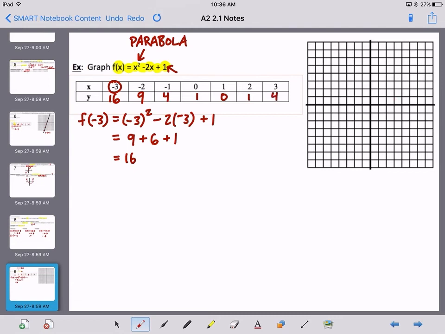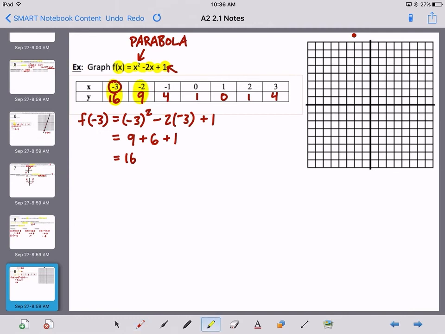Now let's graph those. This first ordered pair you probably won't be able to fit on the graph because 16 is way too far up. So let's start with -2, 9. So go left 2, up 1, 2, 3, 4, 5, 6, 7, 8. And it'll be a little off the graph at 9.